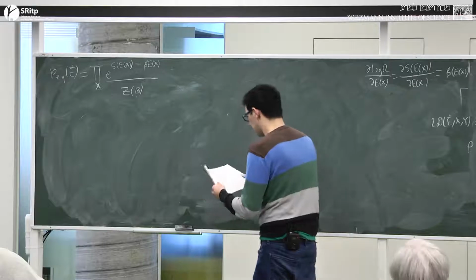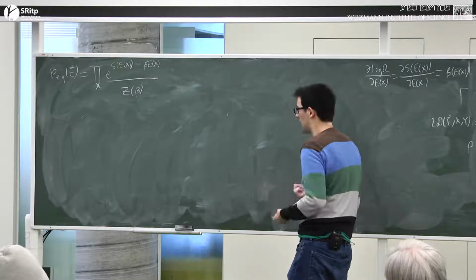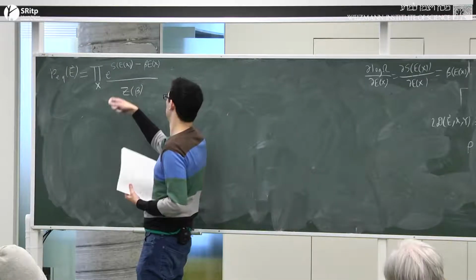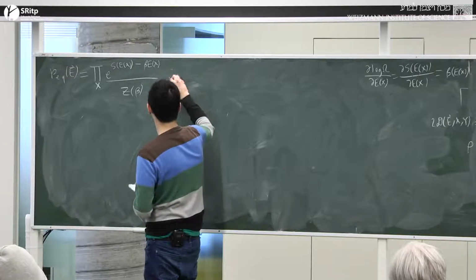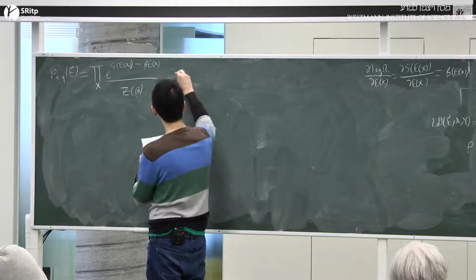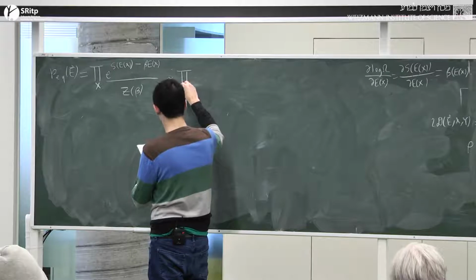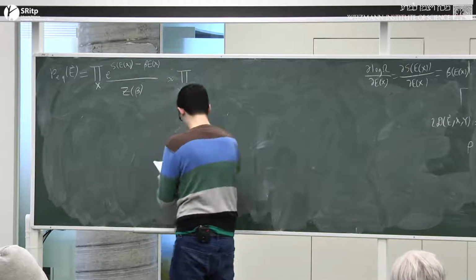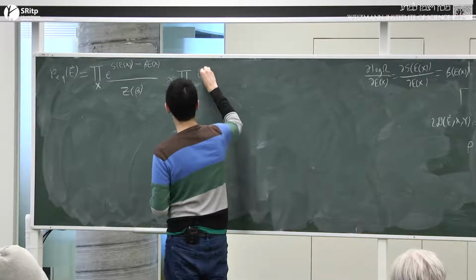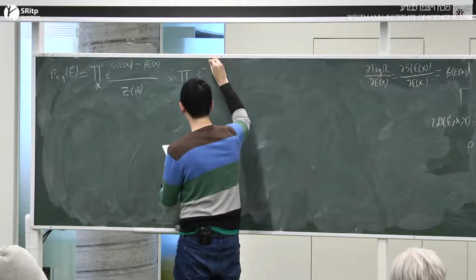Now, equivalently, if you have a smooth function s, this will be, to very good approximation, at least for E that aren't too large or small, approximately Gaussian. Okay?